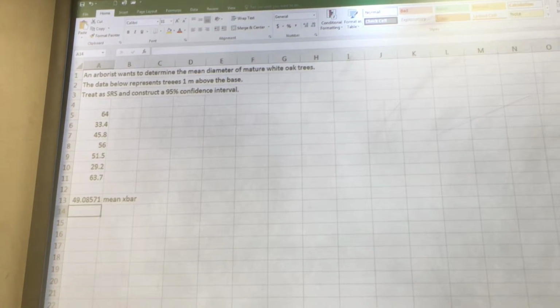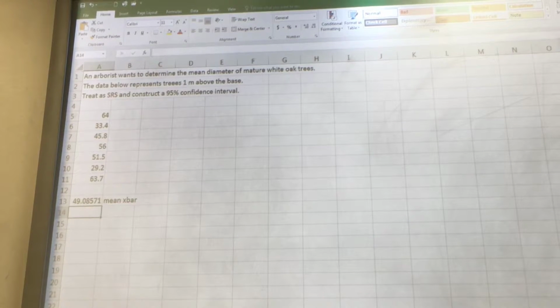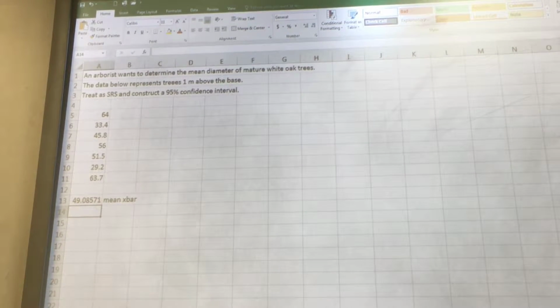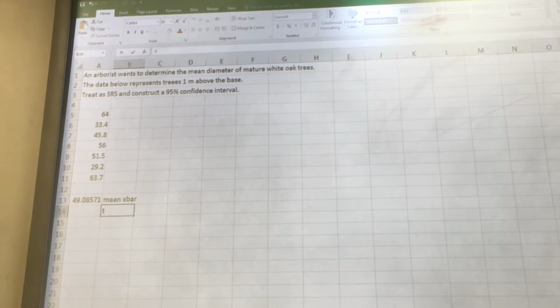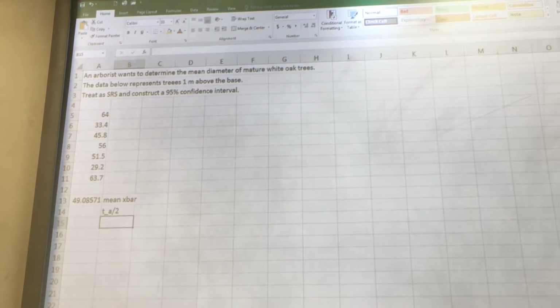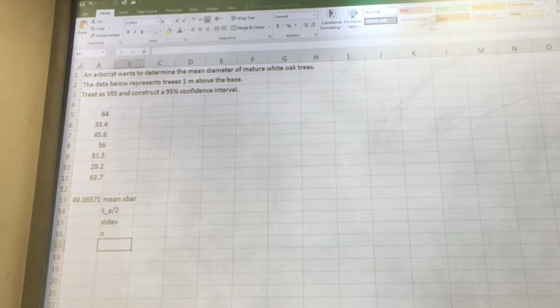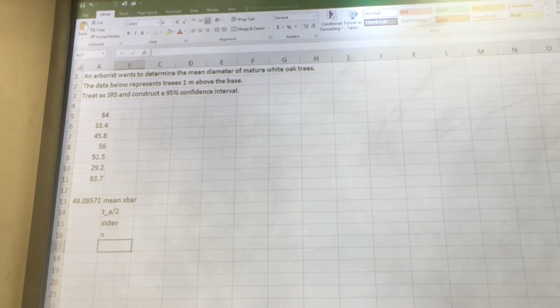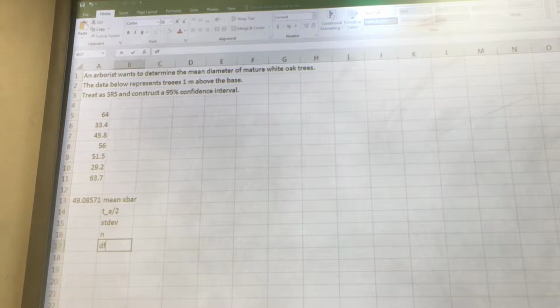No, I do not. So which one am I using? T-distribution. Okay, according to the T-distribution, I'm going to need to know my T sub alpha over 2. I'm going to need to know my S. What's S? Standard deviation. I'm going to need to know my N. And in order to do the T, what else do I need to know? Degrees of freedom, right? Okay. And hopefully that'll give me my critical value.